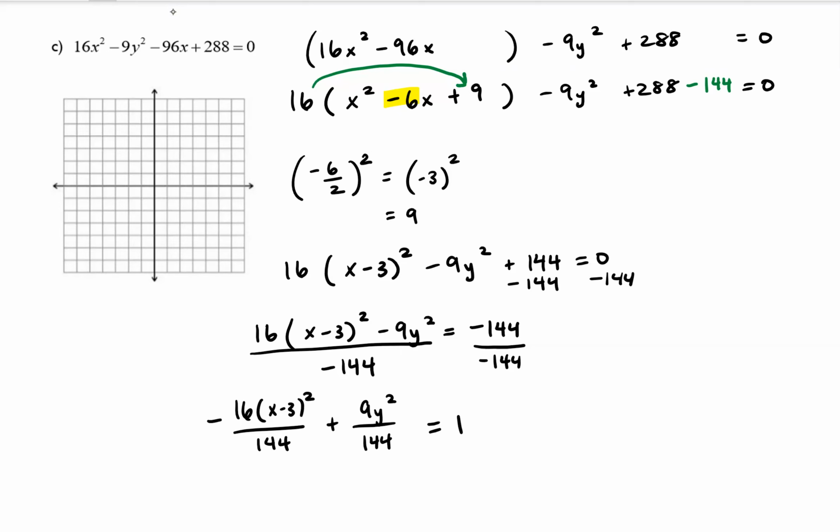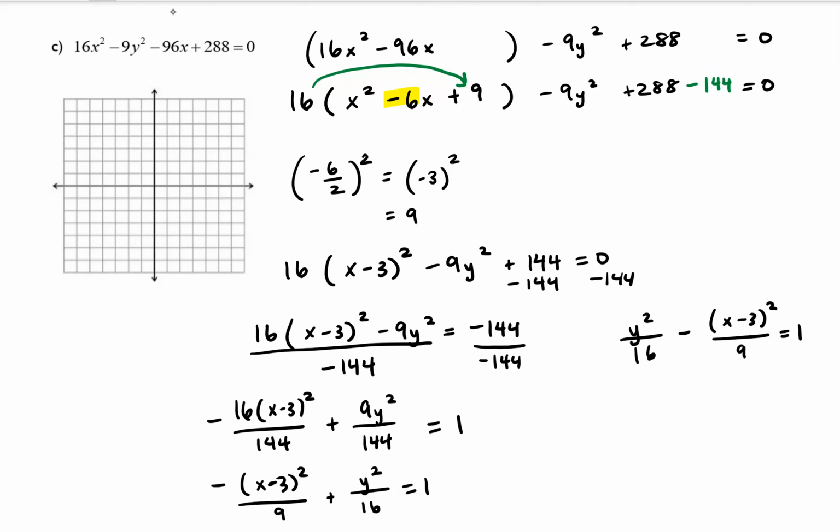So that is going to look like negative x minus 3 squared over 9 plus y squared over 16 equals 1. And I'm going to rewrite the order so that there's a subtraction sign. So we have y squared over 16 minus x minus 3 squared over 9 is equal to 1. So this is in fact a hyperbola, and it's not centered at the origin.